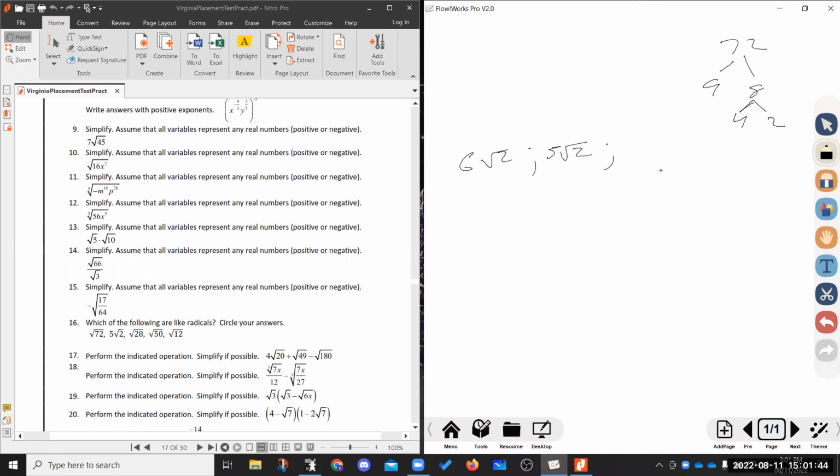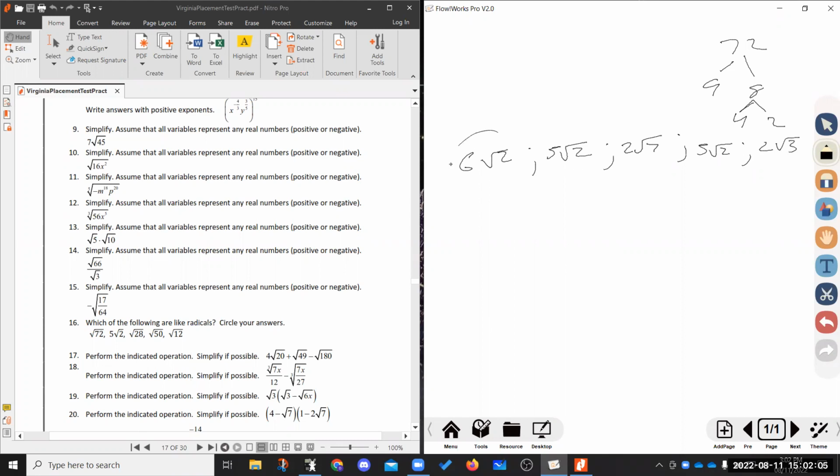This one is 2 root 7. This one is 5 root 2. And that one is 2 root 3.